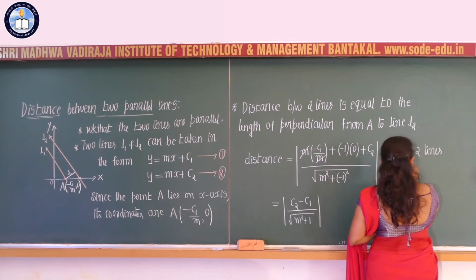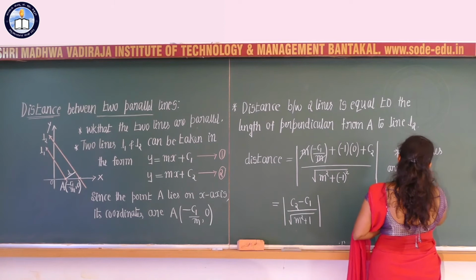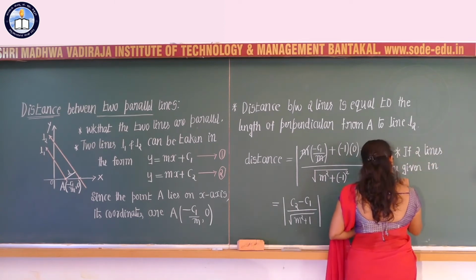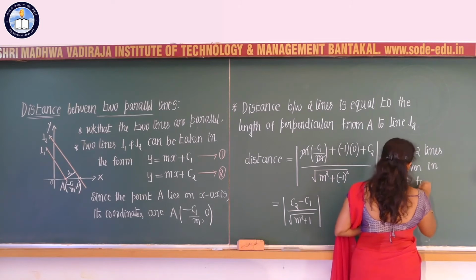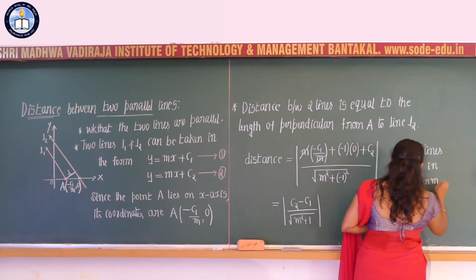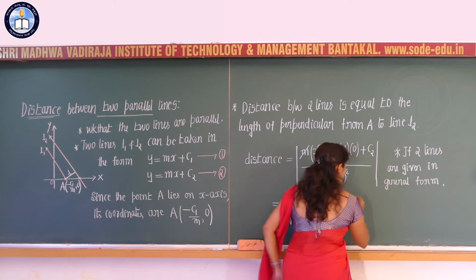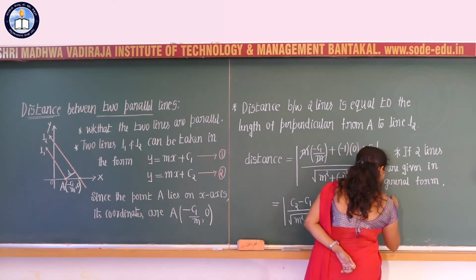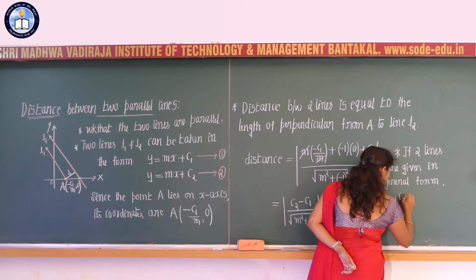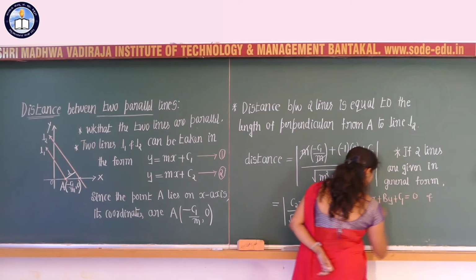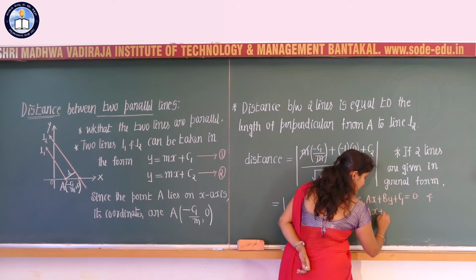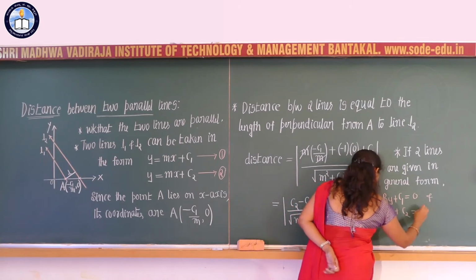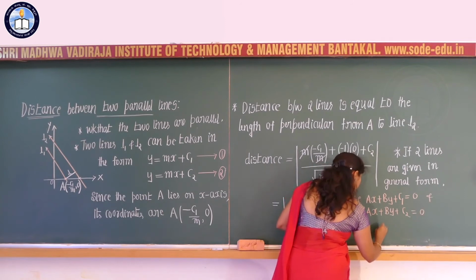are given in the general form, that is if the first equation is a into x plus b into y plus c1 equal to 0, and the second equation is a into x plus b into y plus c2 equal to 0, then how to write formula for D?